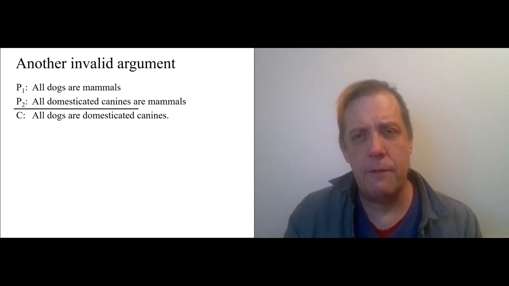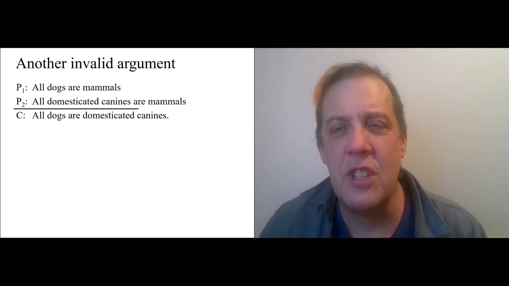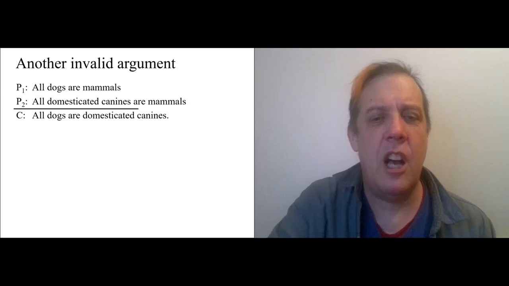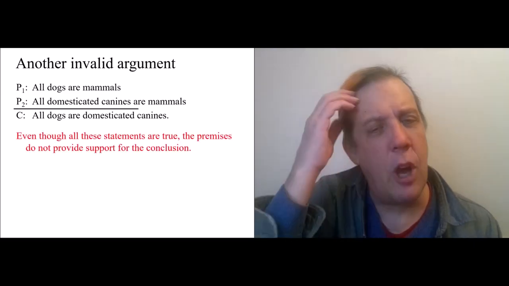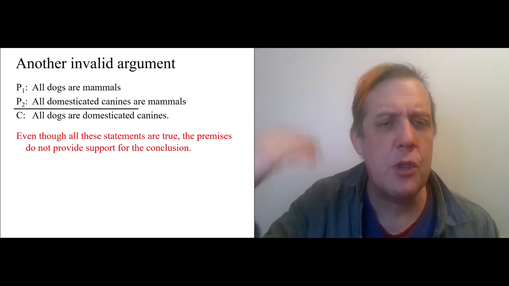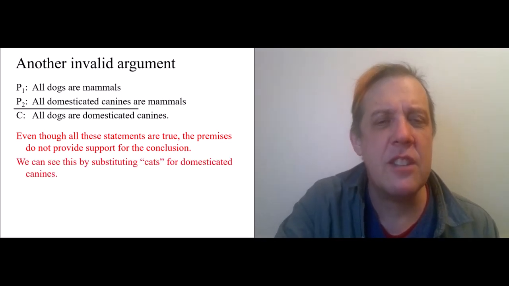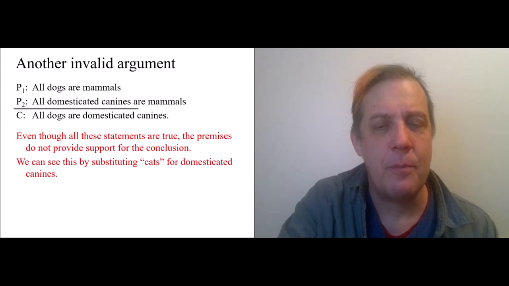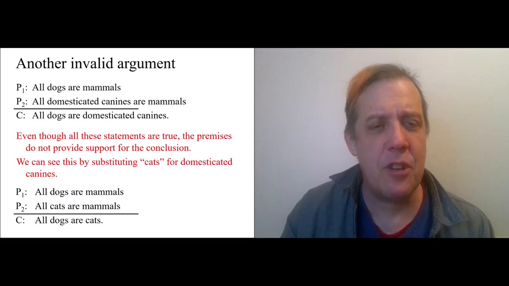and the conclusion false. And the way to see that is to substitute in different terms. So, even though all the premises are true, they actually don't provide support for the conclusion. And we can see this by substituting cats for domesticated canines. All dogs are mammals. All cats are mammals.